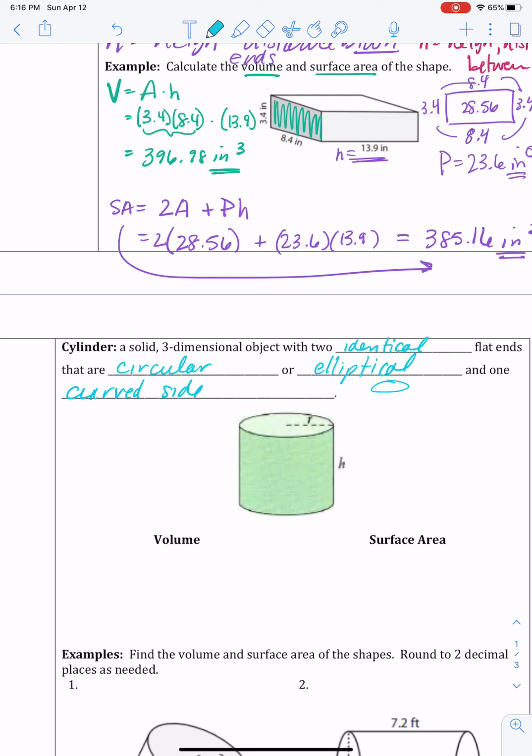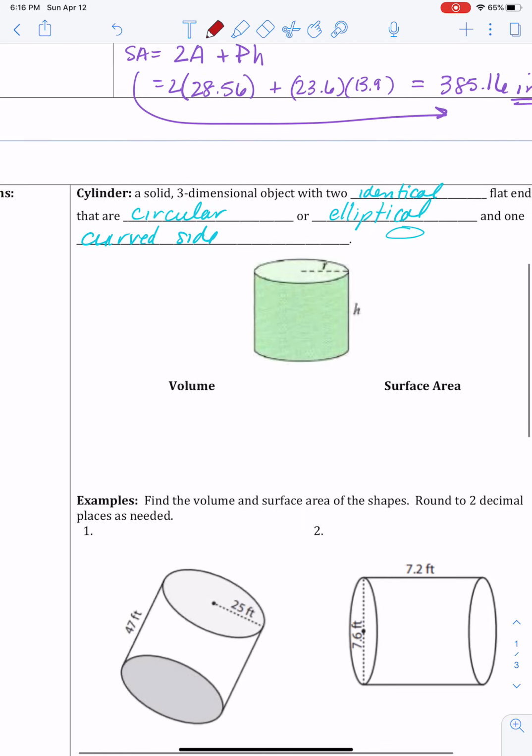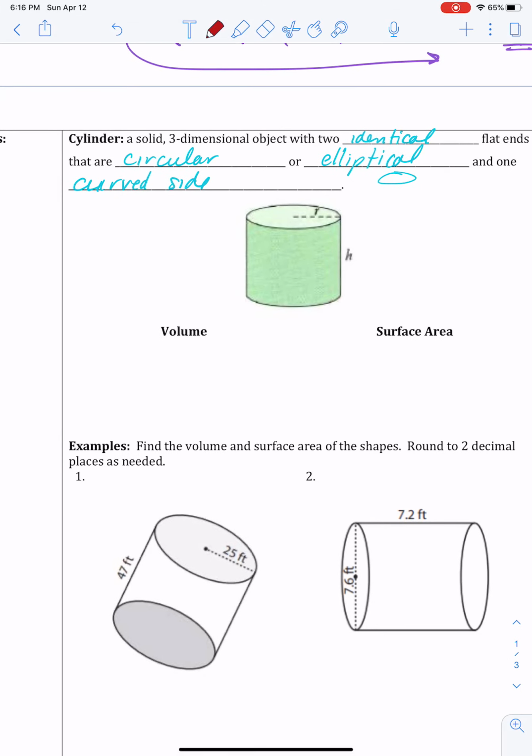So there are, again, formulas for solving for the volume and the surface area of a cylinder. Volume is pi r squared h, where r is the radius and h is the height.